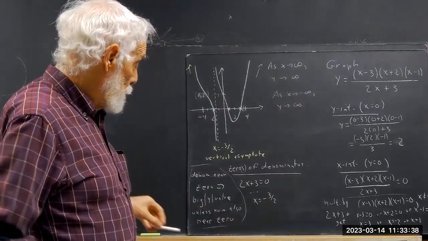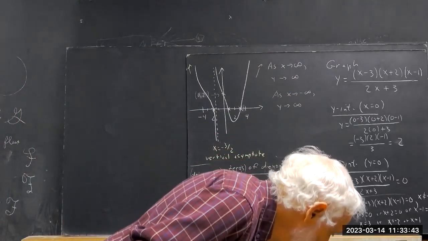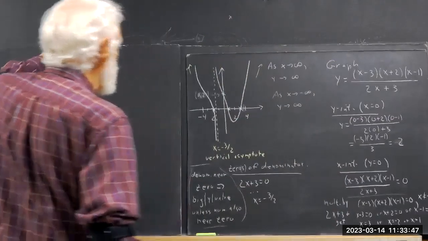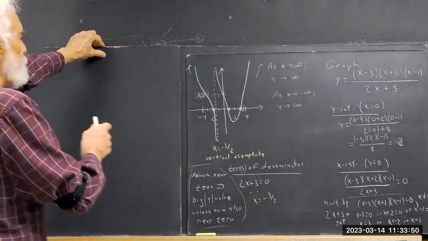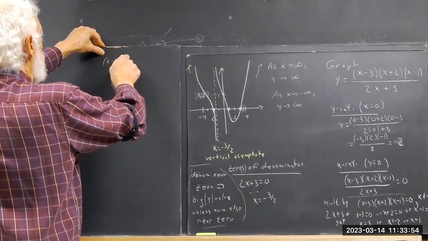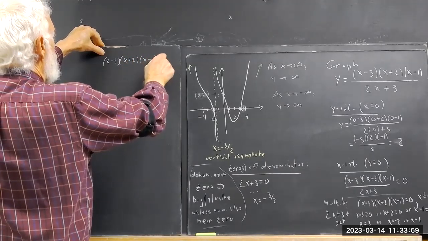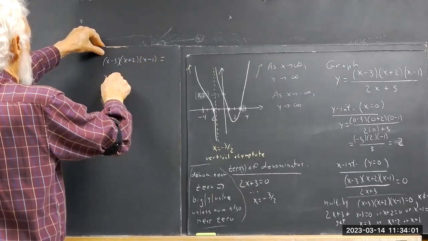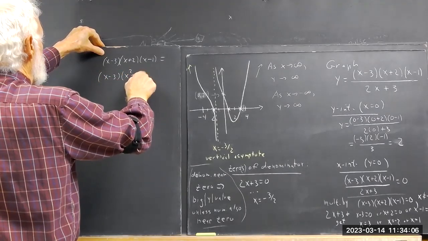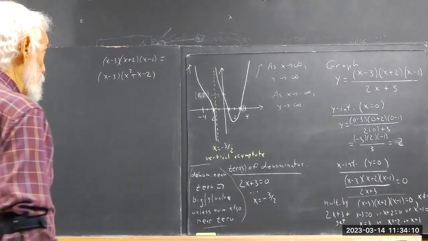Now I'm going to say a little bit more. If I expand the numerator, if I multiply x plus 2 by x minus 1, I get x squared plus x minus 2.